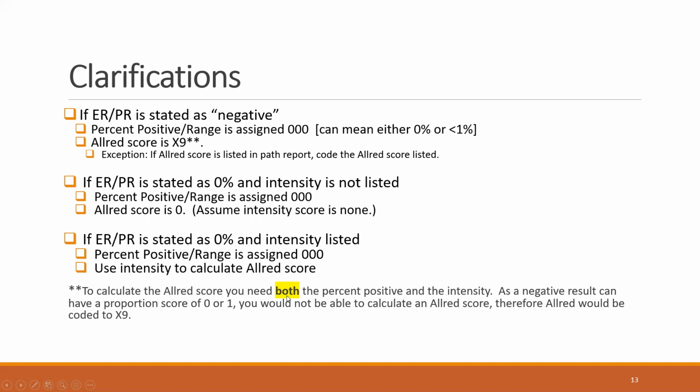So you do need both percent positive, which we have here in the second and third option, and you need the intensity in order to calculate the all red score. In this first option up here, we only knew ER or PR is negative, but we didn't have a percent. So as you're texting this information, make sure that you are getting that texted clearly.